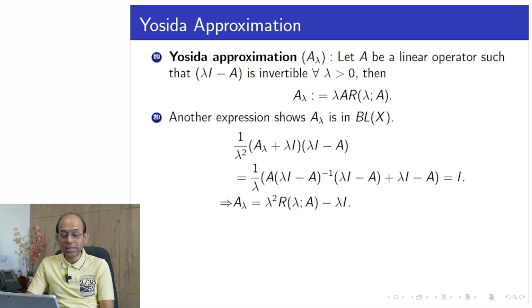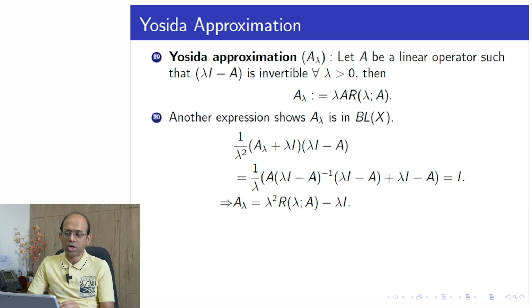Then I multiply lambda square on both sides. So A lambda plus lambda I would be lambda square times R(lambda, A). On the left hand side I have A lambda plus lambda I, so this plus lambda I I take to the right hand side. I would be left with A lambda equal to lambda square R(lambda, A) minus lambda I. So this is another expression.